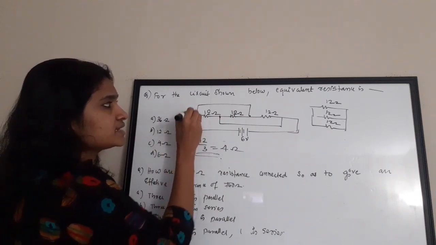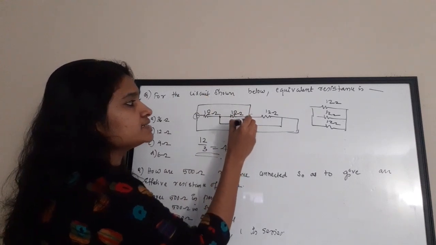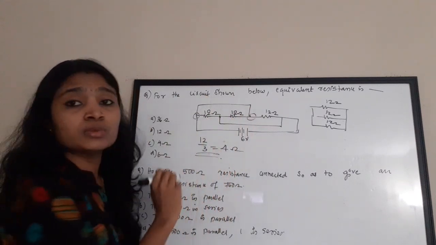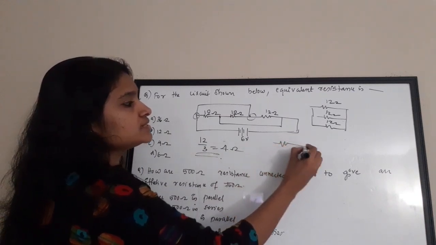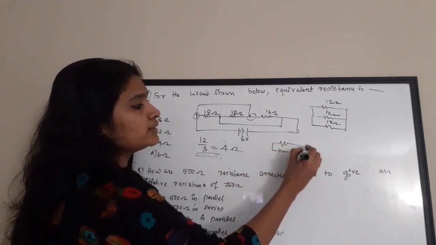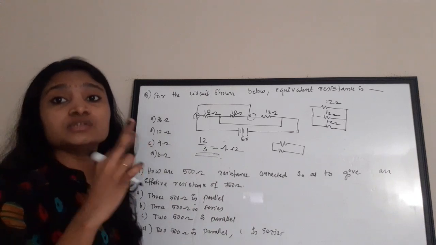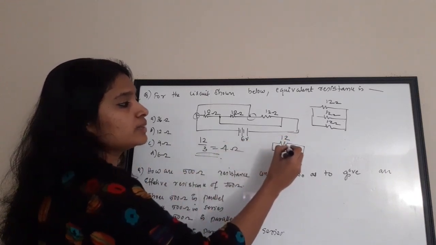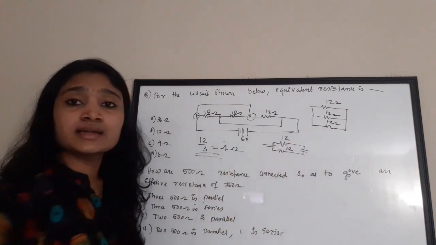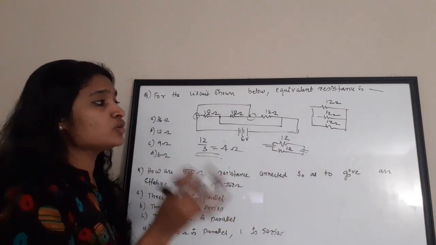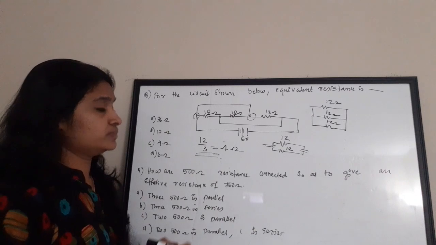This terminal is connected to the end terminal of this 12 ohm. So from that, it is clear that both the terminals of the two 12 ohms are now connected together, and hence it forms a parallel connection.